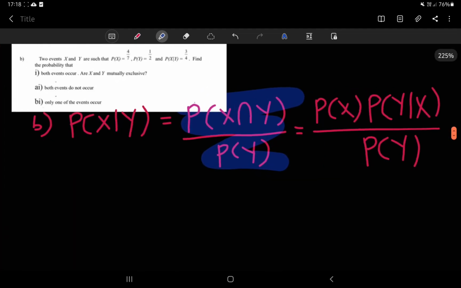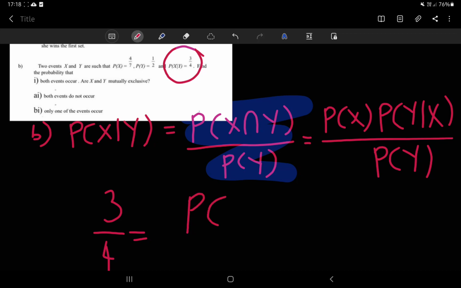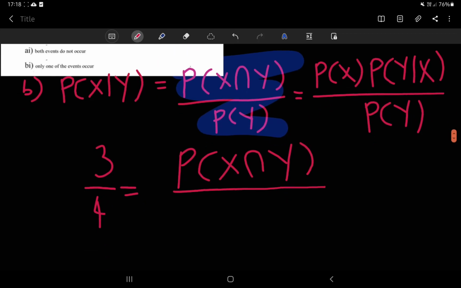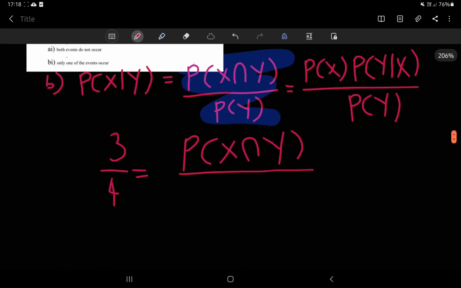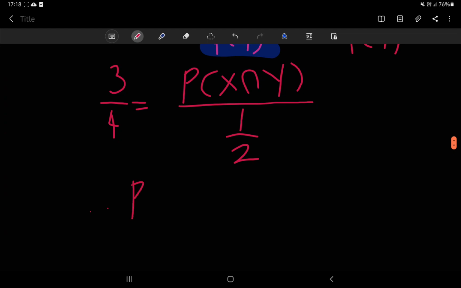So we know that the probability of X given Y is 3/4, given by the question itself. The probability of X intersection Y, we do not know. The probability of Y is 1/2. So the probability of the intersection is 3/4 times 1/2, which is 3/8.